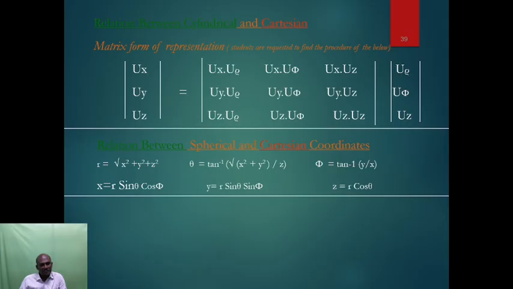Theta is tan inverse of rho by z, where rho, the cylindrical quantity, is equal to root of x square plus y square. So theta is equal to tan inverse of root of x square plus y square by z. Then angle phi: as in cylindrical quantities, phi is equal to tan inverse of y by x.